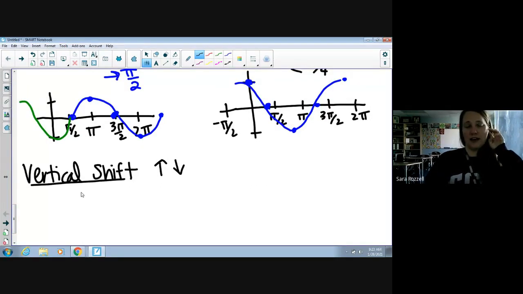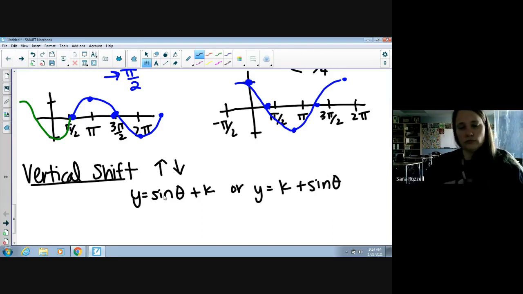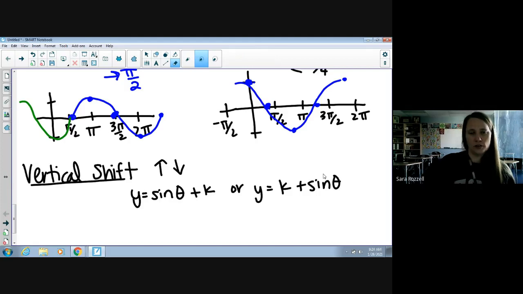When you have a number added at the end, or it could be added at the beginning if sometimes they put them there, so it's separated by a plus sign or by a minus sign, that's going to be a vertical shift. You're just taking the whole thing and moving it up and down.